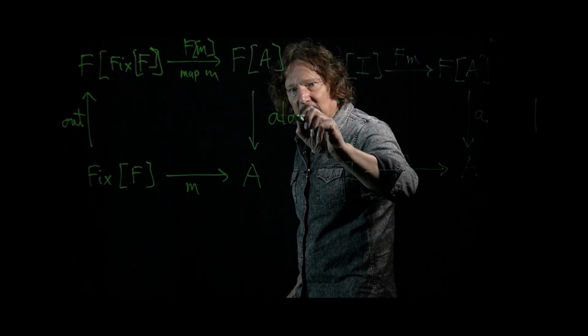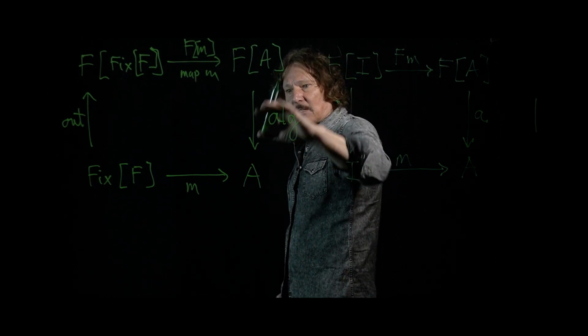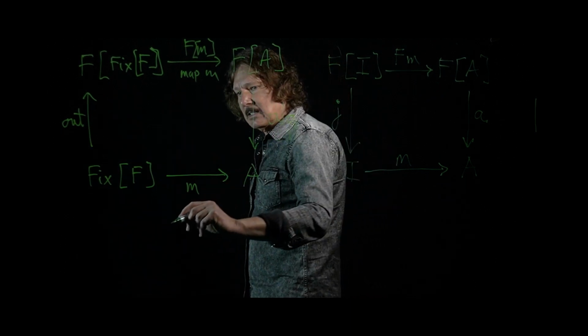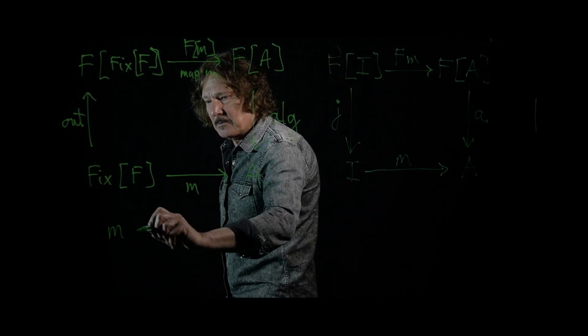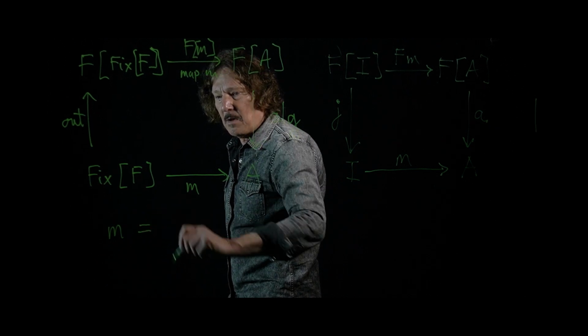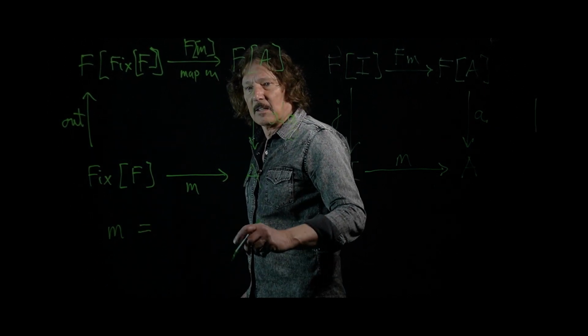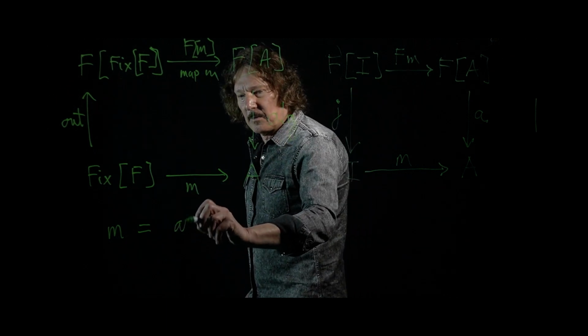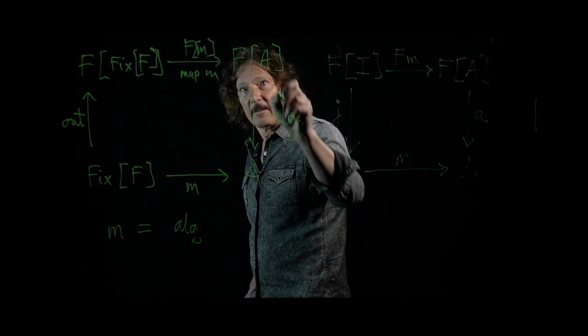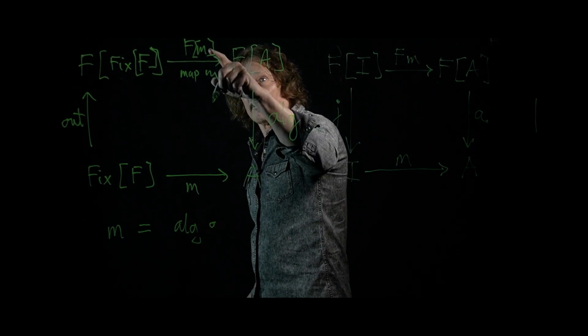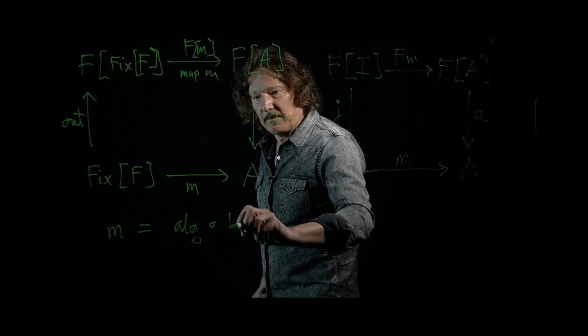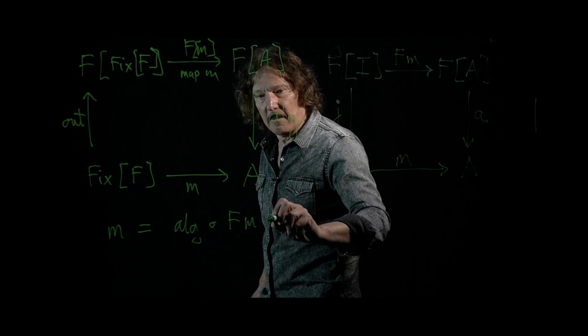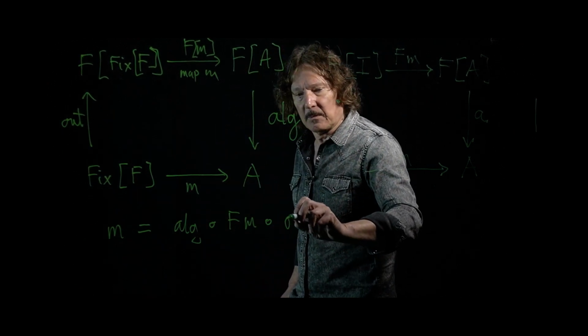Let's call it algebra. This is our algebra. So we can write it as a recursive equation, M equals, and I write it in categorical form, like alg after Fm after out.